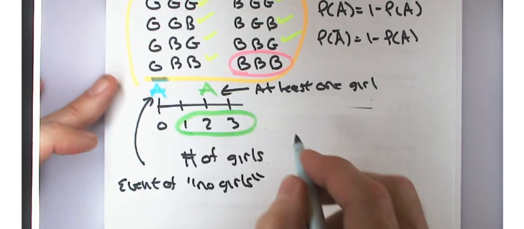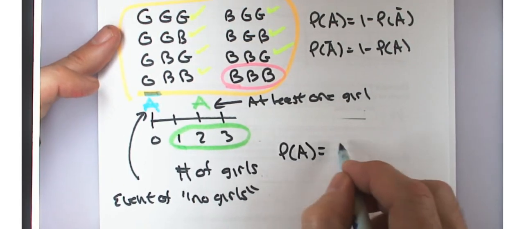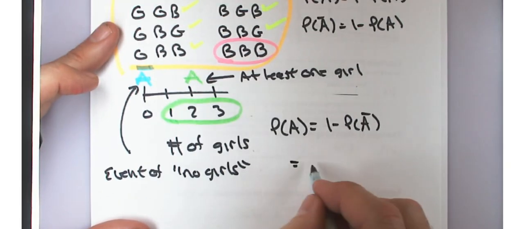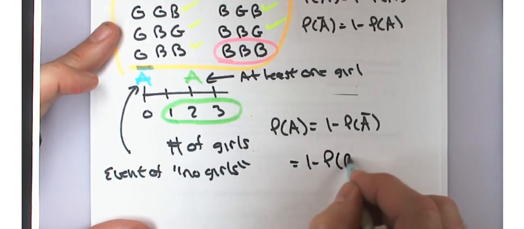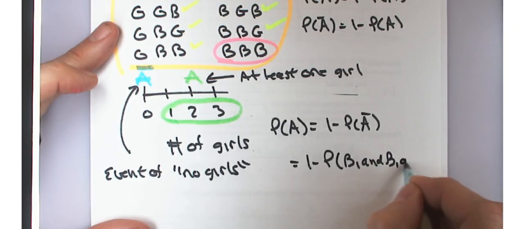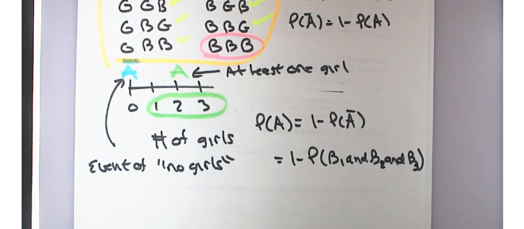So our probability of A is going to be 1 minus the probability of A bar, which is the probability of a boy on the first one, and a boy on the second one, and a boy on the third one. Probability of all those 3 things.